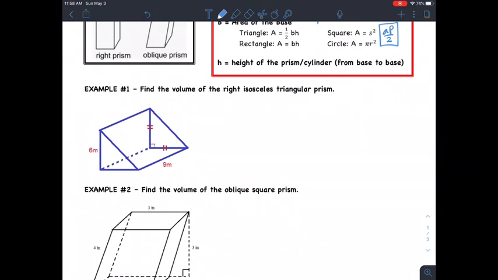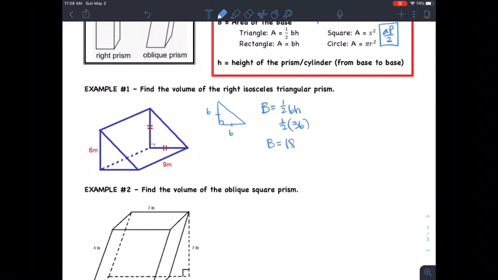This is a right isosceles triangular prism. So our base is going to be a right isosceles triangle, 6 and 6 here. So my big B will be 1/2 base times height, which will be 1/2 of 6 times 6, which is 36.